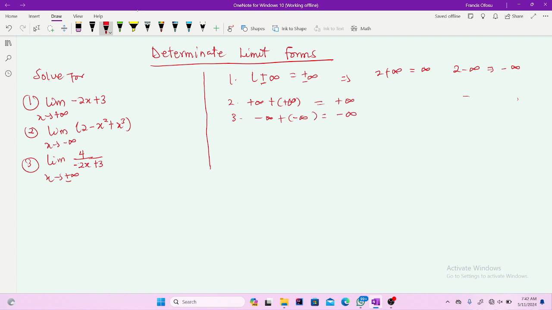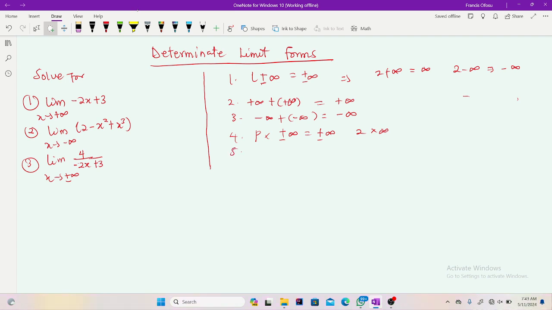Next, if a finite number multiplies positive or negative infinity, the solution is also positive or negative infinity. Something like 2 times infinity is obviously infinity. You can't multiply infinity by 2 and expect something different.